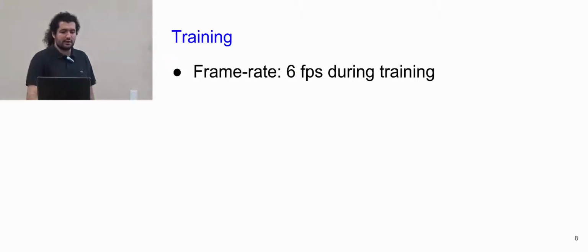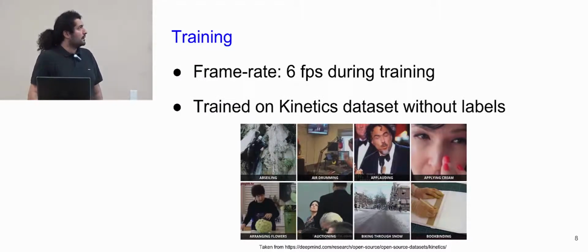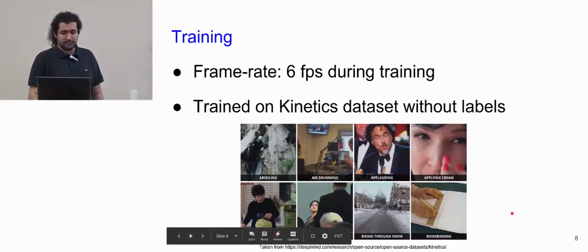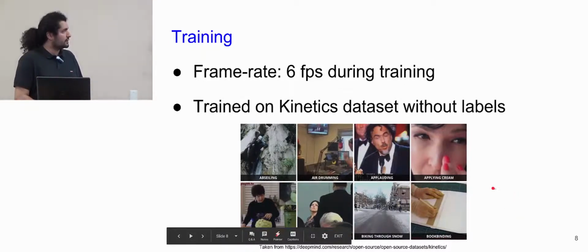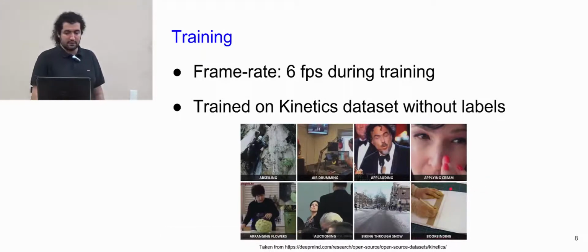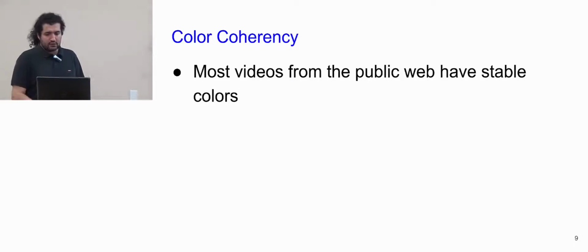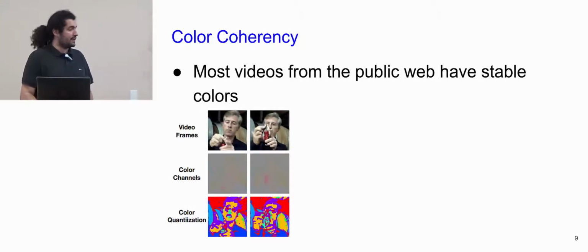During training, they use 6 frames per second videos only. They use the Kinetics dataset, and they don't use labels because this is a self-supervised method. They take these videos from Kinetics and convert them into grayscale. One of the assumptions they made in the paper is that most videos from the public web have stable colors and can be represented by 16 colors.